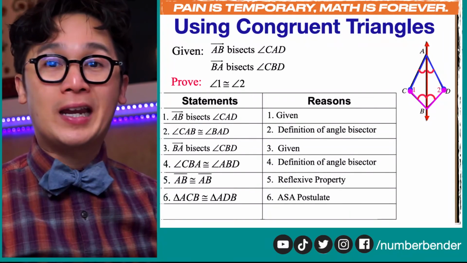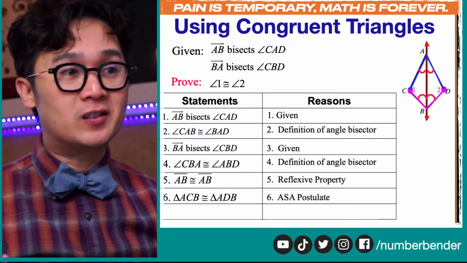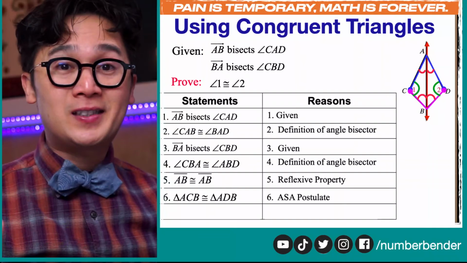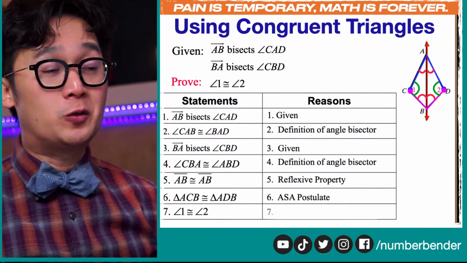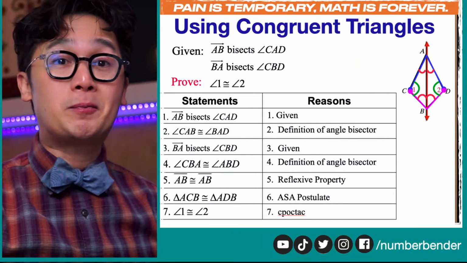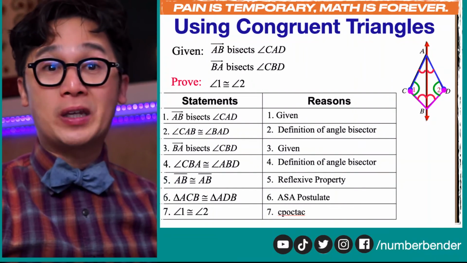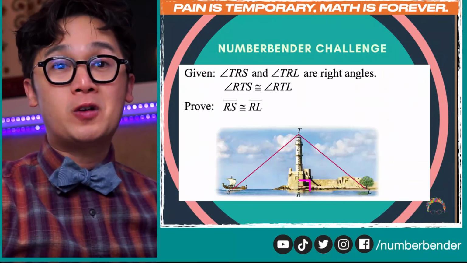And now that we are able to show that the corresponding parts of the two triangles are congruent, we can use this reason to show that angle 1 and angle 2 are indeed congruent because of the CPCTC theorem. And that is how we use this theorem in proving congruency with two triangles.